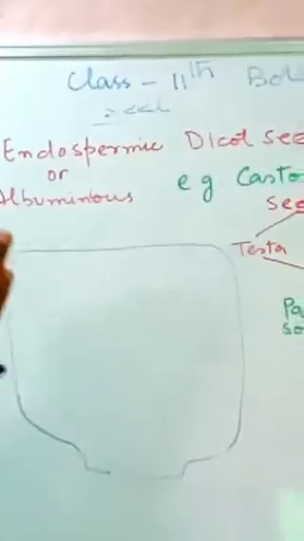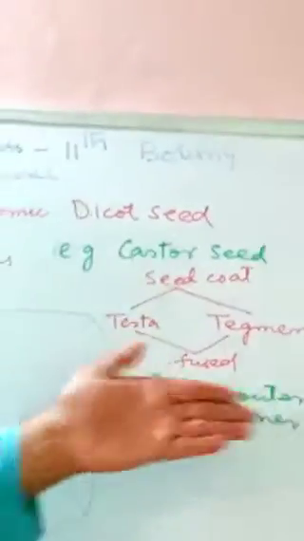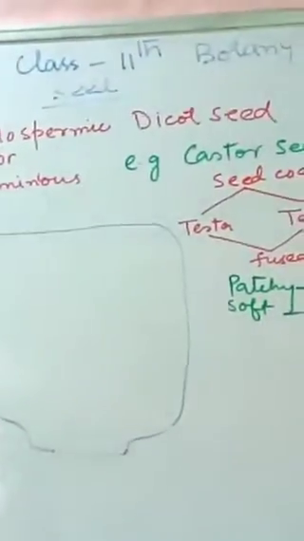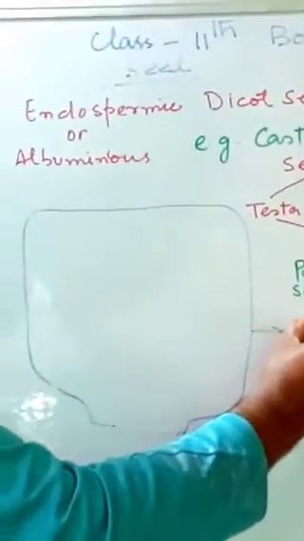When these two are fused together, we cannot separate them, but it is visible that the outer side of the seed coat is patchy, and that patchy or designed side is the testa, and the inner one is smooth like that of the typical dicot seed, that is soft, and that is the tegmen. So this is the seed coat.